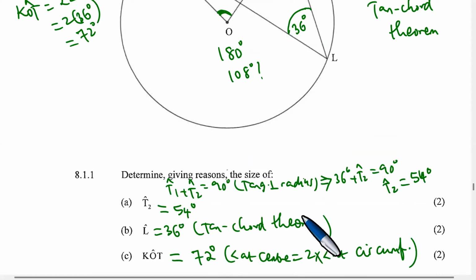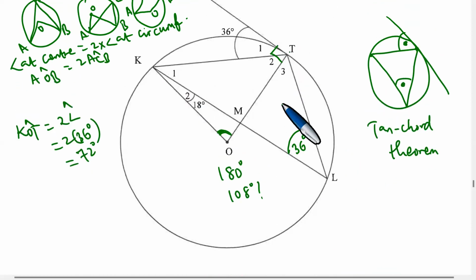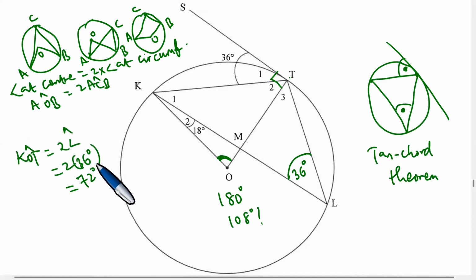So KOT is 72 degrees. So this angle here is twice this one. It's 2 times 36, and 2 times 36 is 72 degrees.